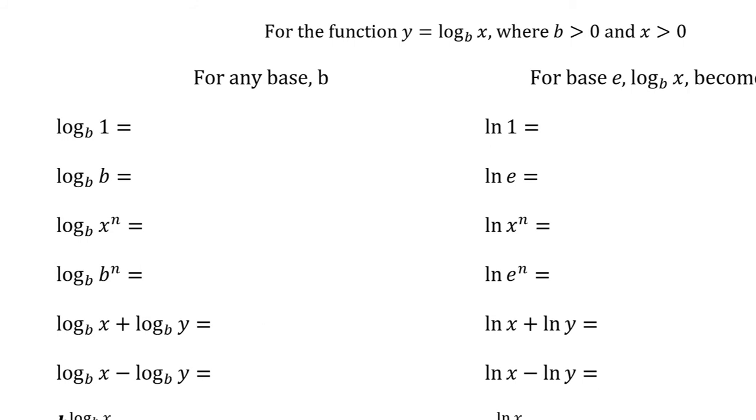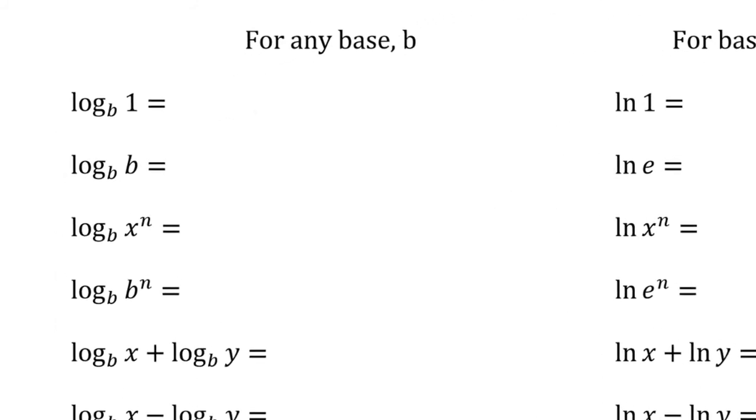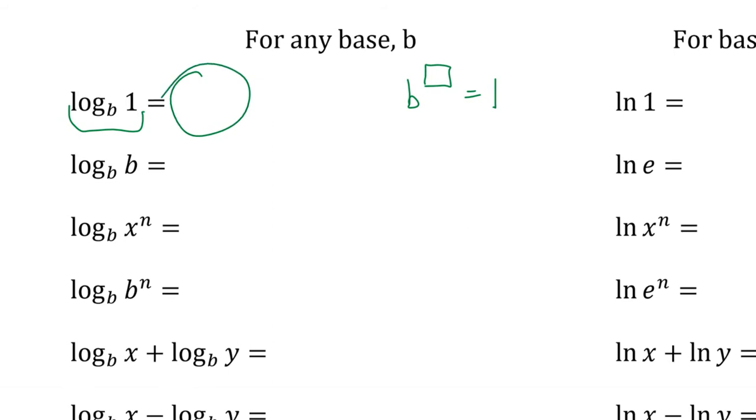For any base b, so this could be log base 2, log base 3, log base 10, log base b of 1: the way I can think about this is to write it as b to what exponent equals 1, because logarithms calculate exponents. The logarithm finds the exponent.